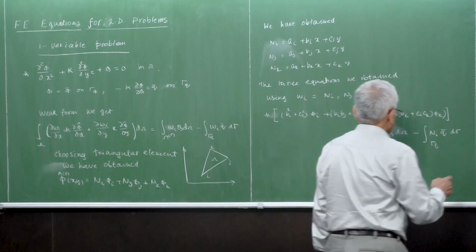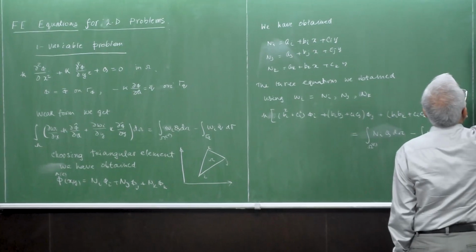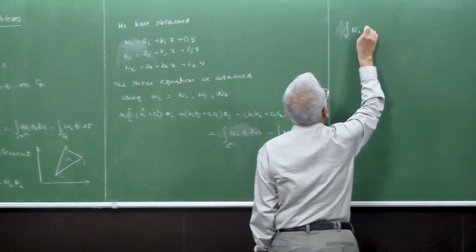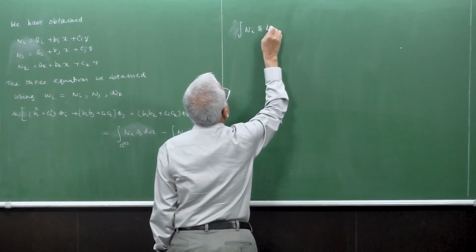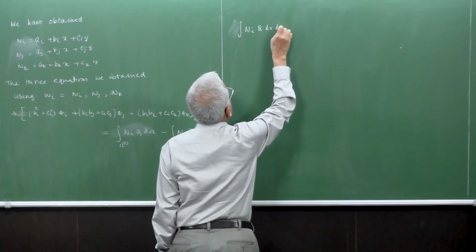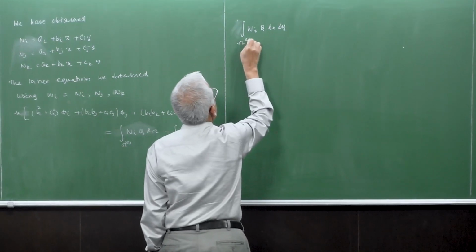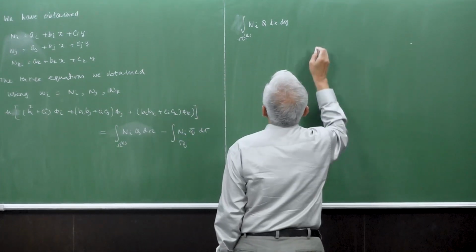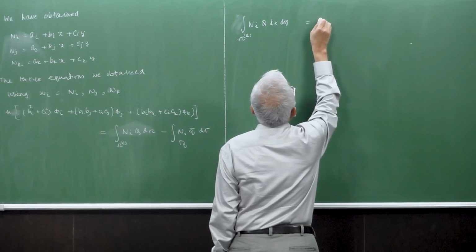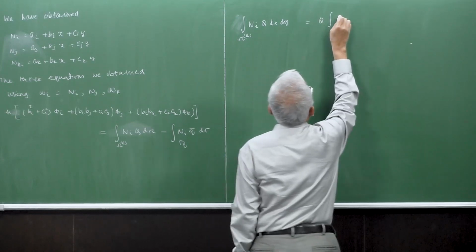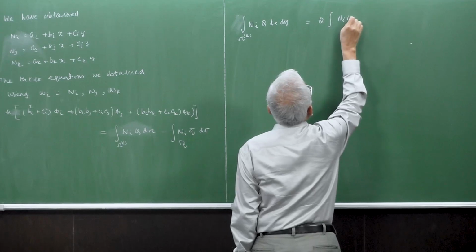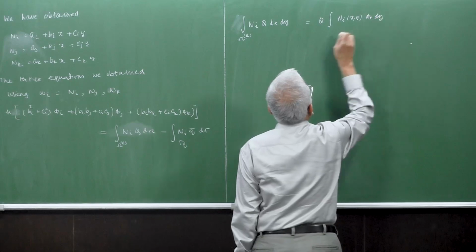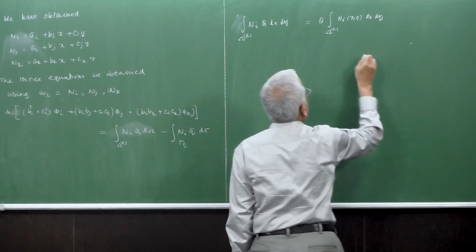Looking at d omega, or dx dy, over the element, taking Q to be constant, it is essentially Ni of x, y integrated over dx dy.